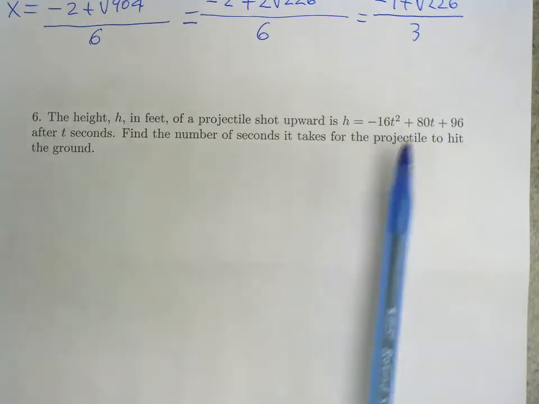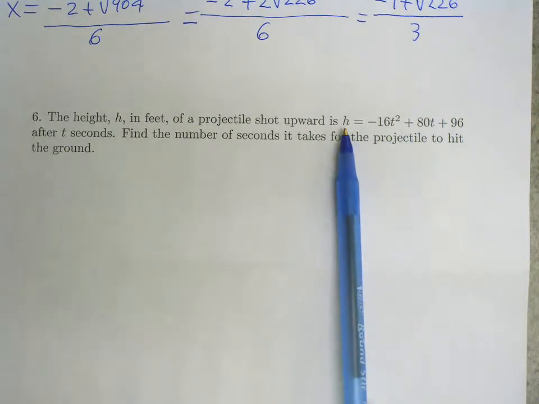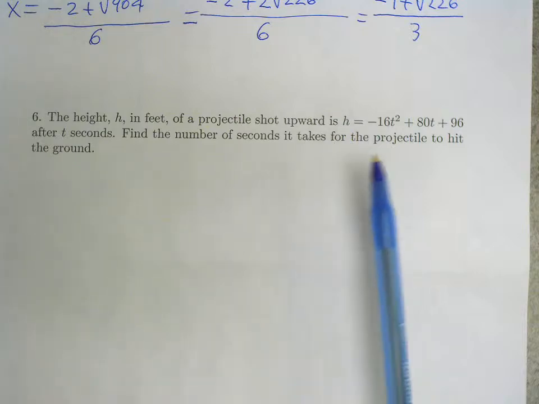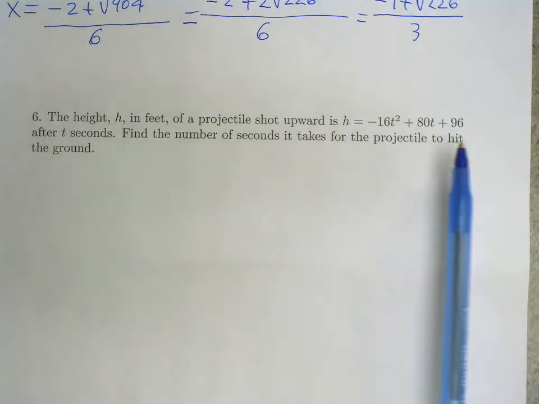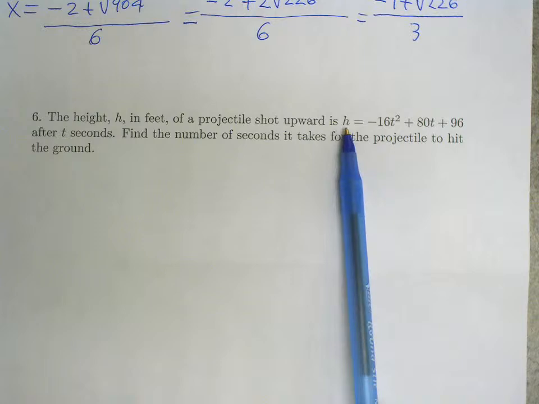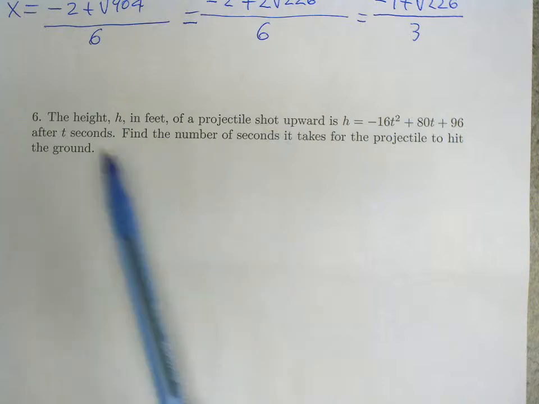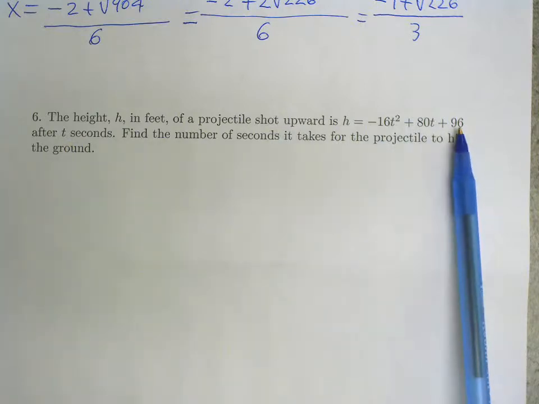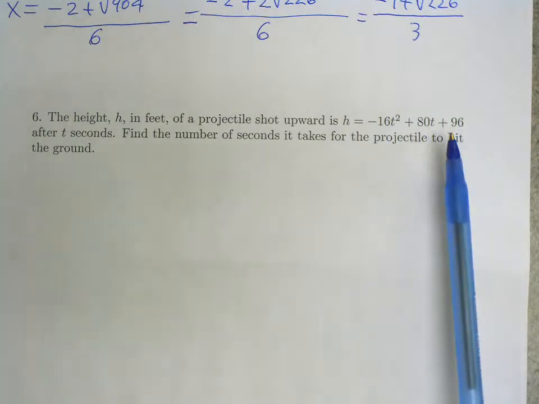Okay, so just to reiterate, h represents the height of the projectile t seconds after it's fired upward. So at the instant that the projectile is fired upwards, in other words, when t equals 0, the projectile is already 96 feet above the ground.